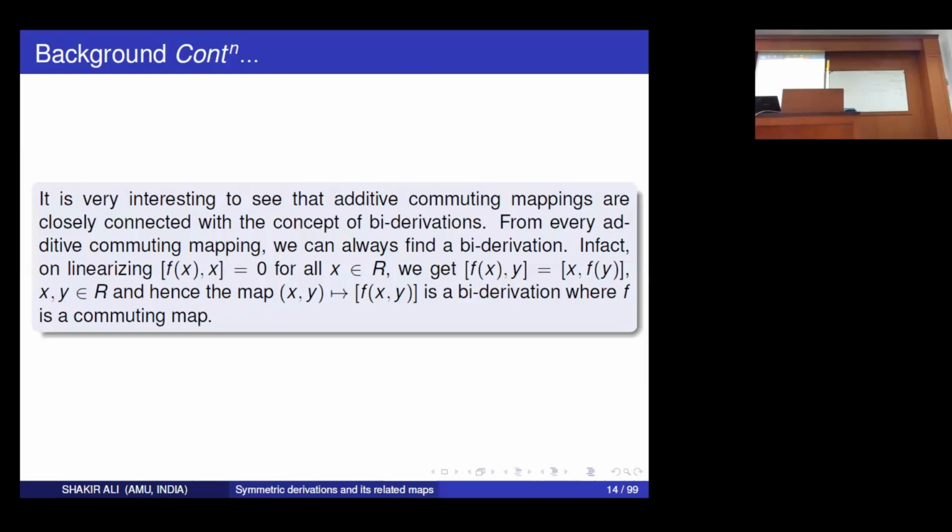This is bi-derivation. In a similar line, people are thinking about the behavior of bi-derivations on certain classes of rings. Okay, let me move forward. The definition of the bracket X is the last one.